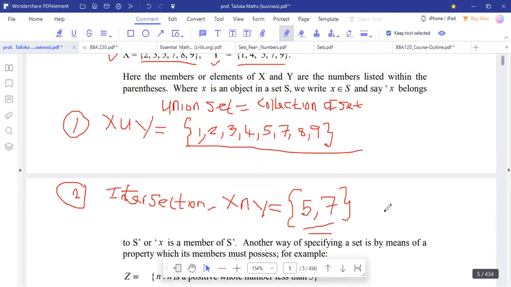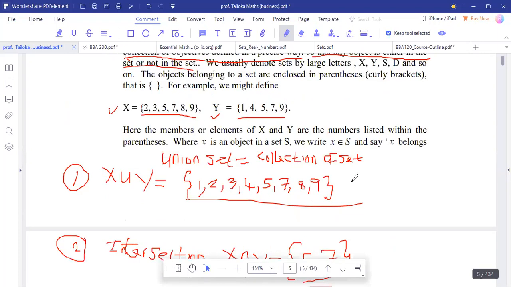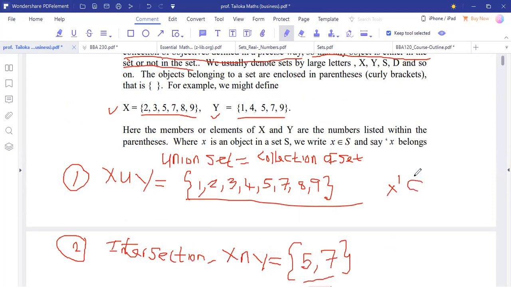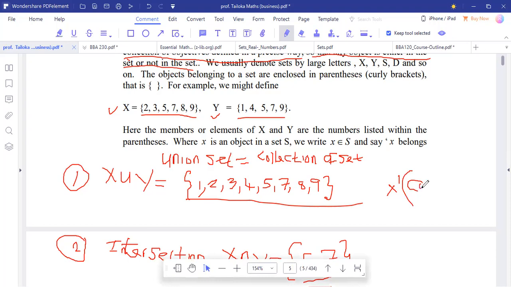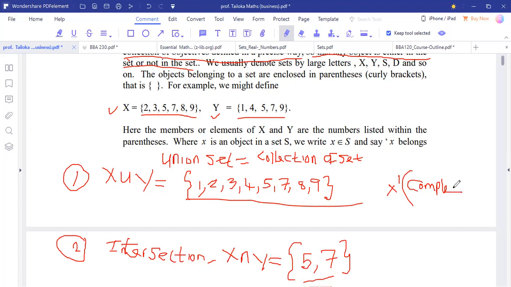Then we can also go an extra mile from here, where we simply say X complement. This symbol simply means complement. It means what is not found in that set. So X complement simply means what is not found in a given set.